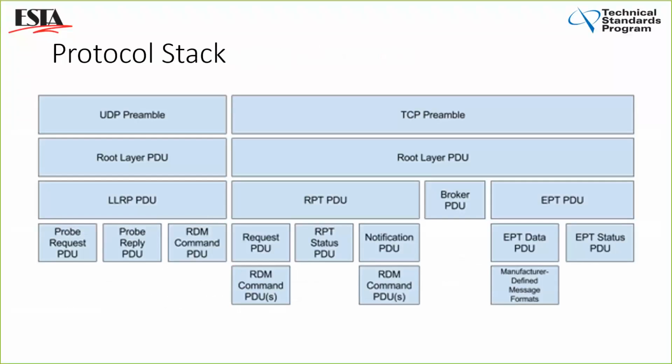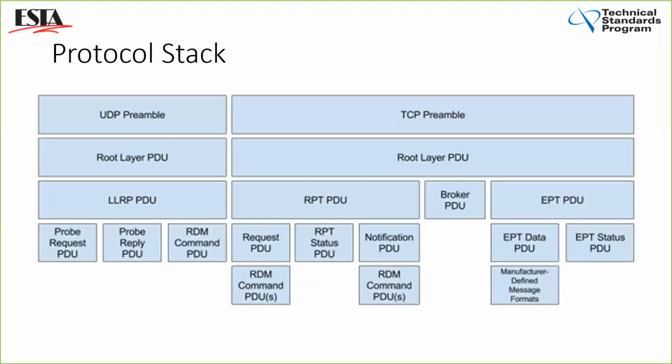This is a stack-up diagram of all of the message types that exist within RDMnet. I'm not going to go deep into any of these message types. I'm just putting this up on the screen to illustrate that all of these message types are neatly gathered within the PDU structure that's defined by the ACN protocol family.